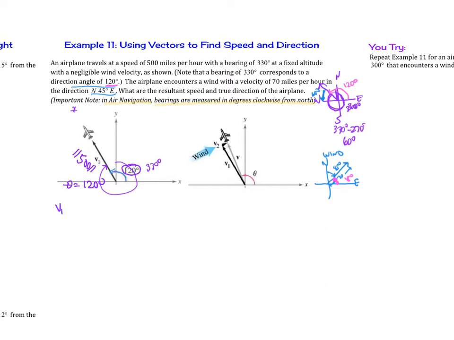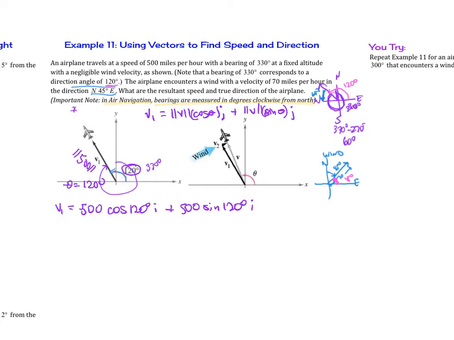Now we're going to write the vector. V1, remember, is the magnitude of V times cosine theta times i plus the magnitude of V times sine theta times j. So V1 is 500 cosine of 120 degrees i plus 500 sine of 120 degrees j.